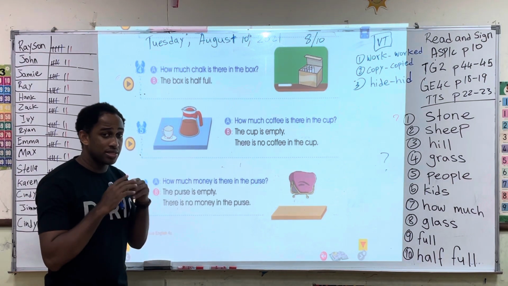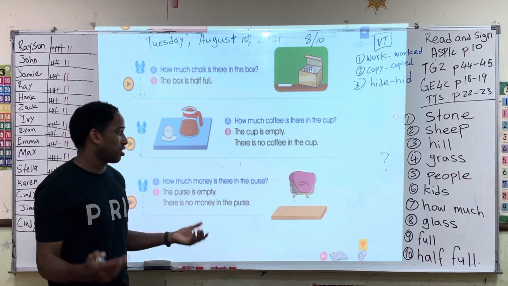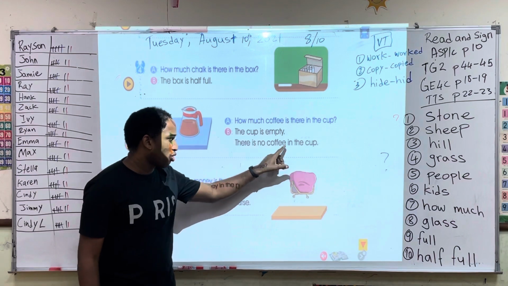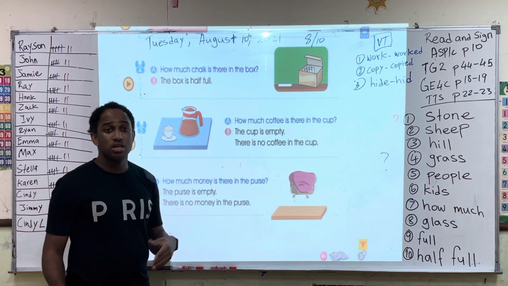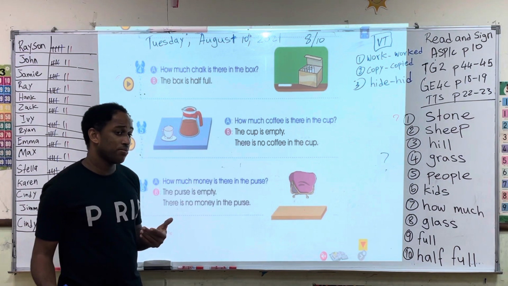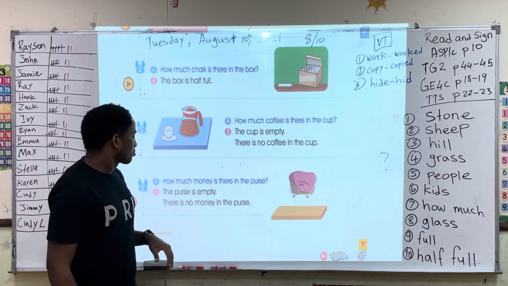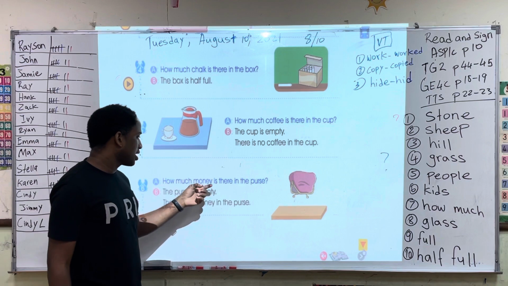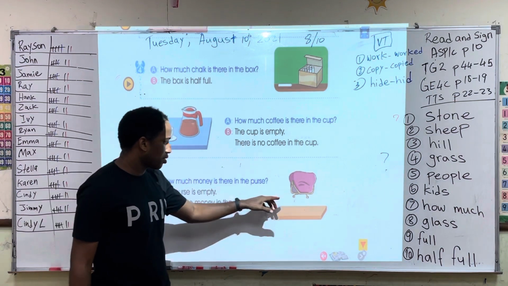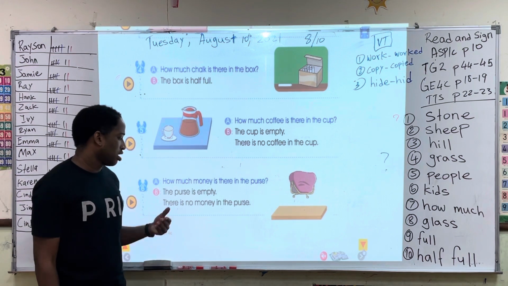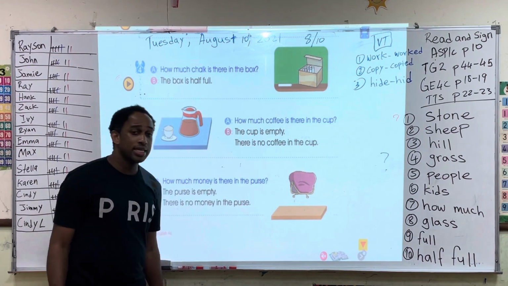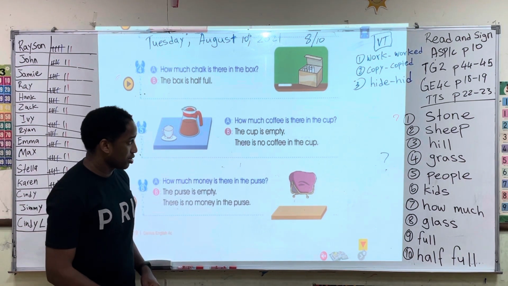Empty means there is no coffee, nothing. You can say the cup is empty, or there is no coffee in the cup. Good. How much money is there in the purse? The purse is empty. There is no money in the purse.